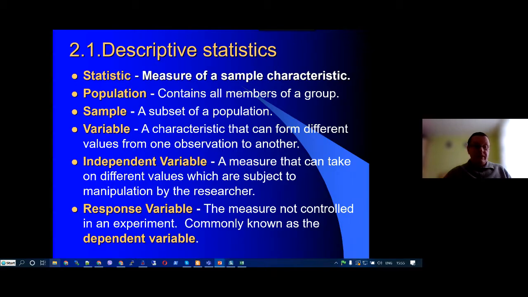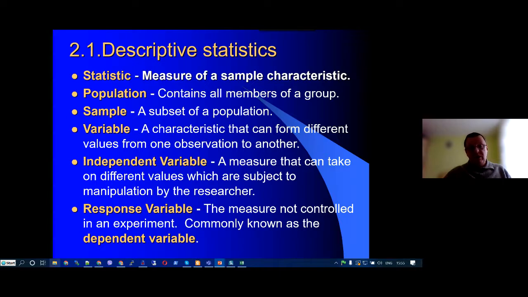Now, the necessary statistical key points and brief definitions of statistical terms and elements. So a statistic itself lies in a measure of sample characteristics, sample or population characteristics. It would be much more correct to tell it this way.